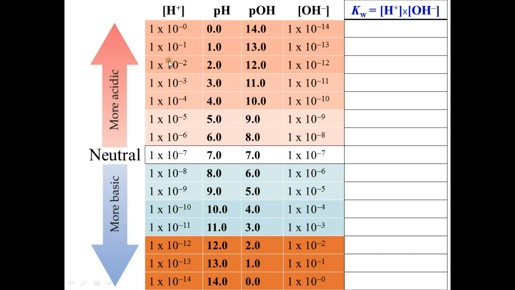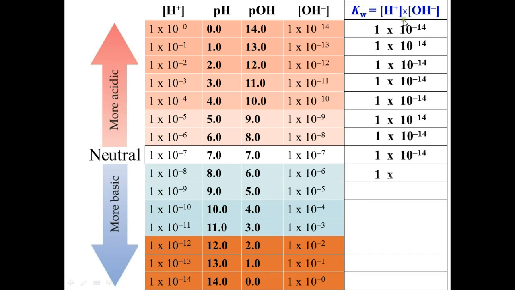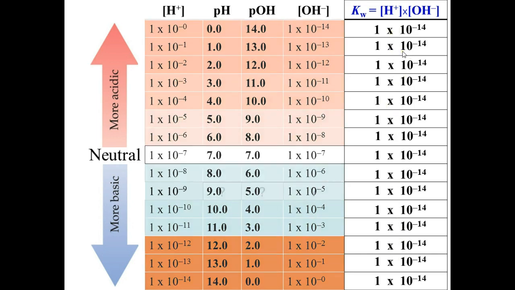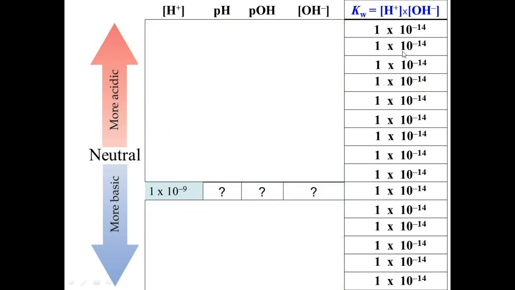And if you multiply 1 times 10 to the negative 2 with 1 times 10 to the negative 12, you should always get 1 times 10 to the negative 14th. This illustrates that when you multiply these two together, you always get 1 times 10 to the negative 14th. And we're going to solve for all of these when we have just one thing.